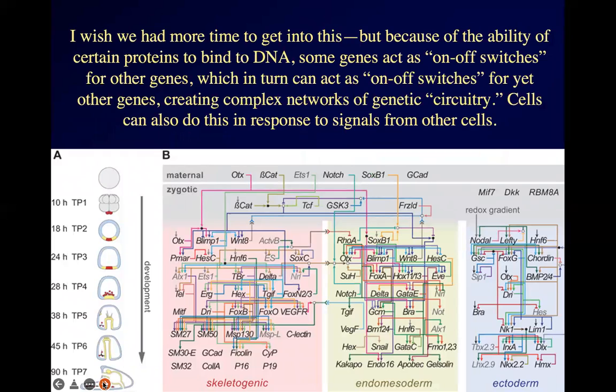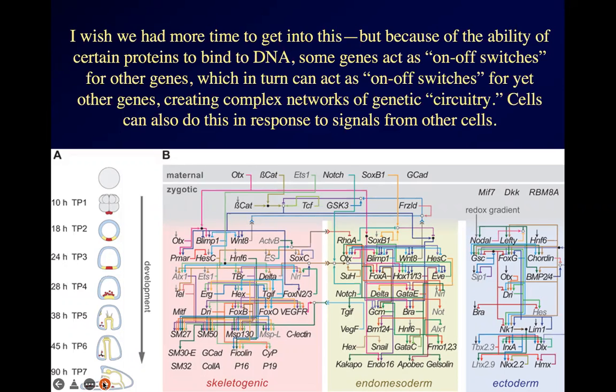And what you're looking at here, please do not try to memorize any details on it whatsoever. But what you're looking at is a small part of the genetic circuitry. This happens to be in animals called sea urchins, which have been used a lot as a model system to study how embryos develop.